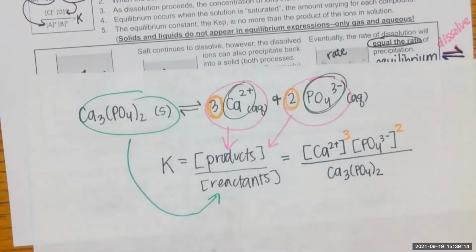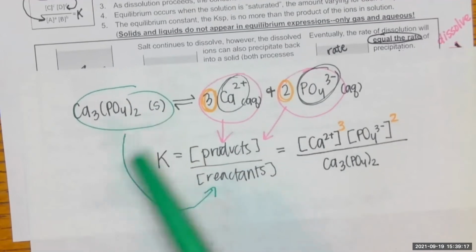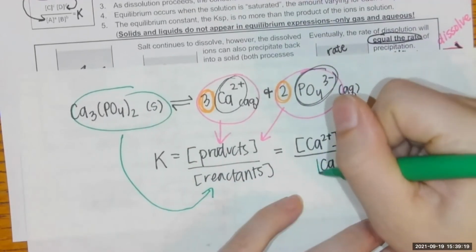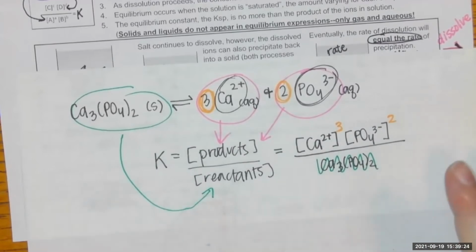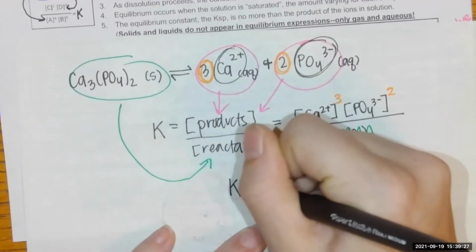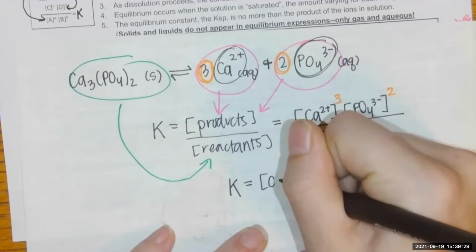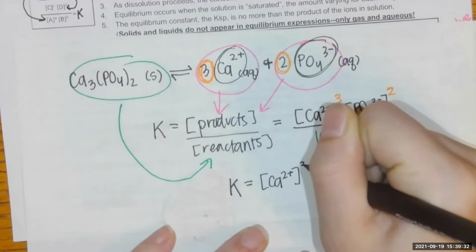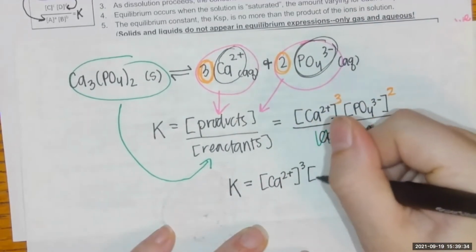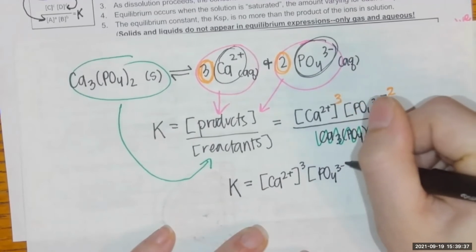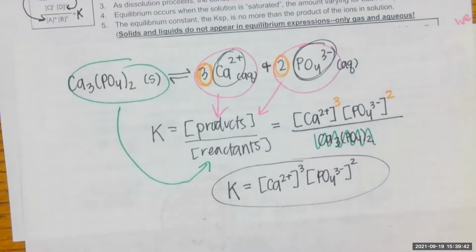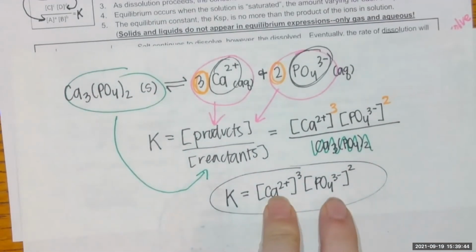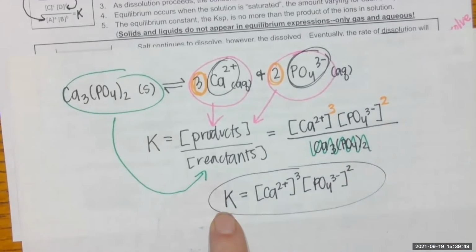Last step, remove anything that is solid. So my final answer for this, K equals Ca2+ to the third power, PO4 3- to the second power. That is the expression that I will use for this reaction when it's in equilibrium.